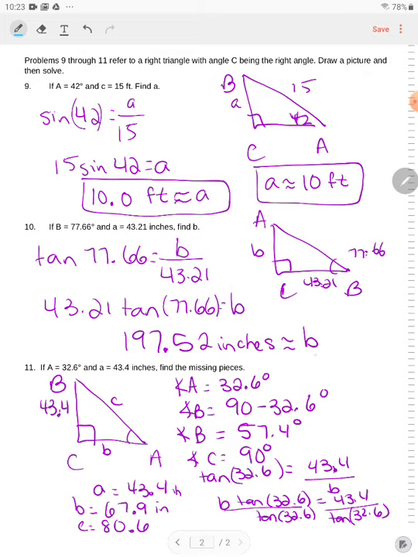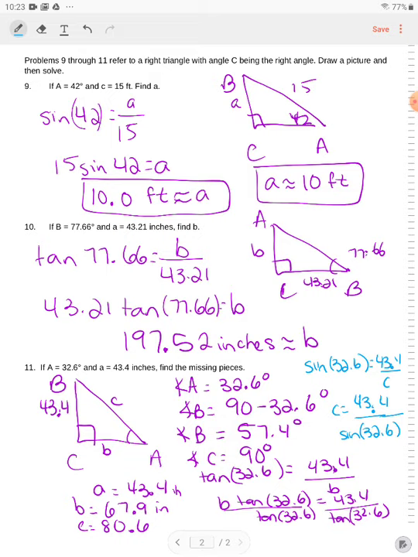Let's look at C. Sine of A is equal to 43.4 divided by C. Then C is equal to 43.4 divided by sine of 32.6.